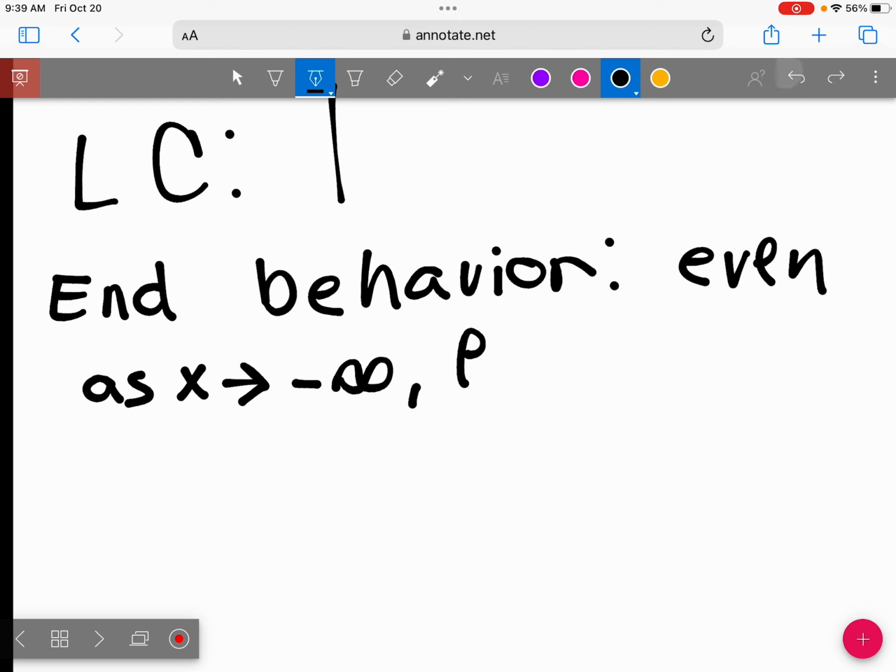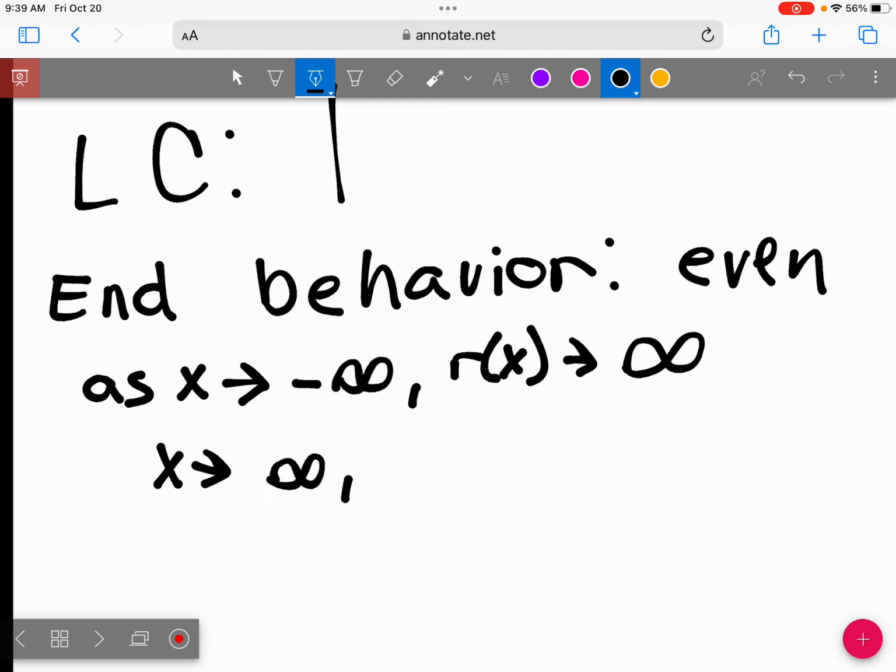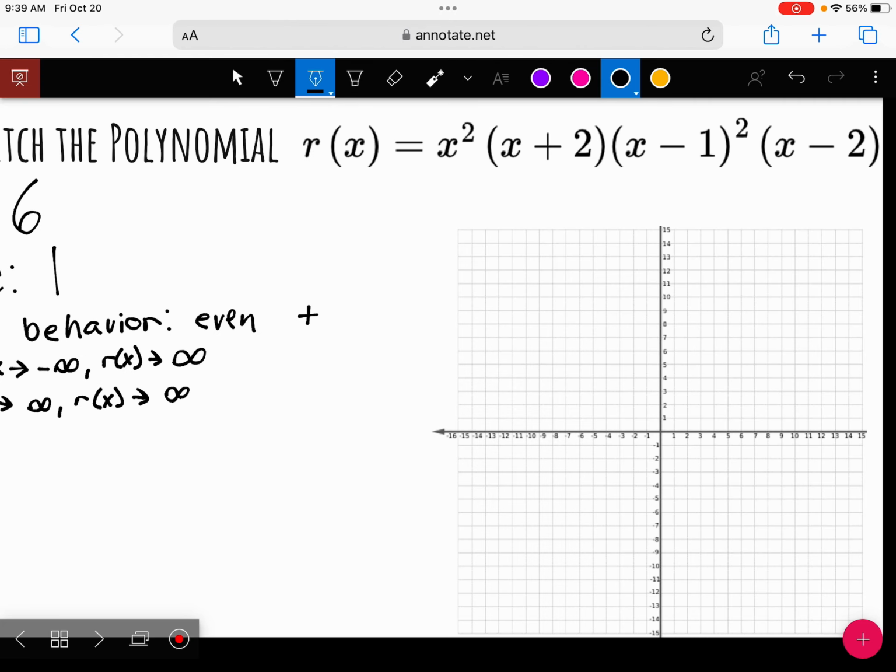This is r of x. R of x approaches positive infinity. As x approaches positive infinity, r of x approaches what? Positive infinity. So my left arrow points up, my right arrow points up. Kitty ears.